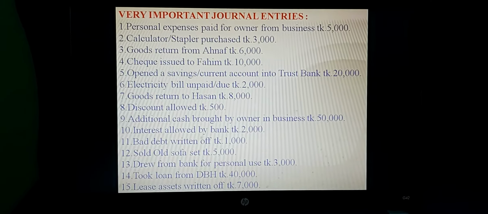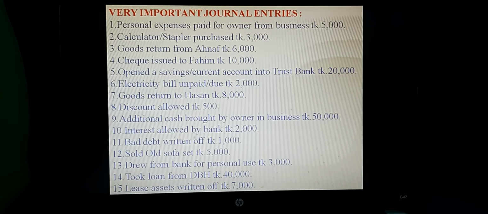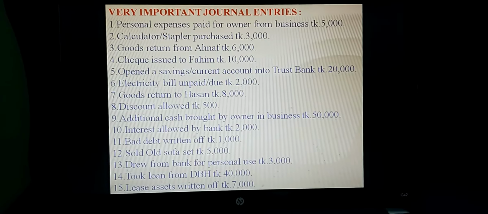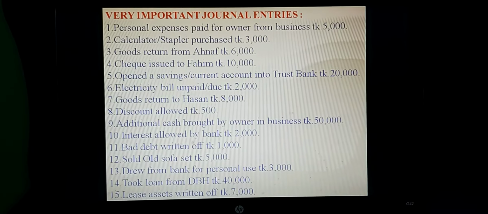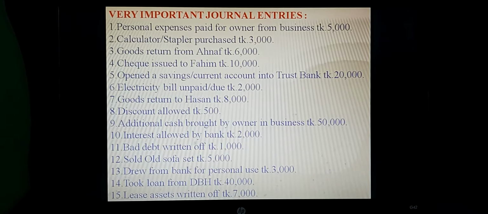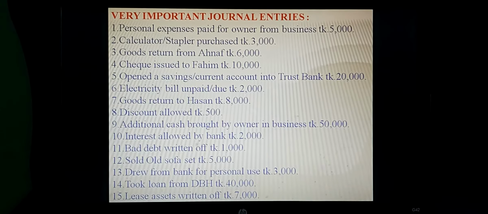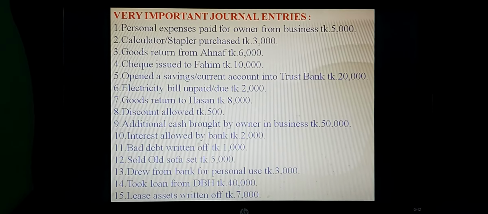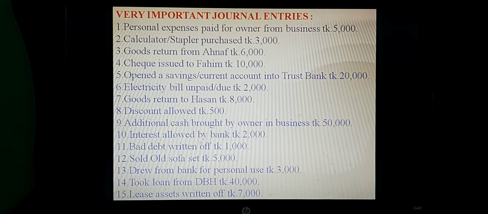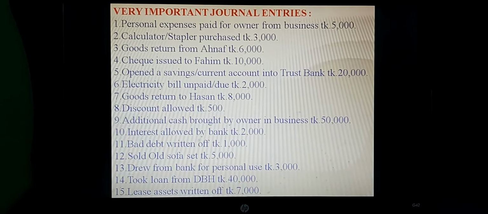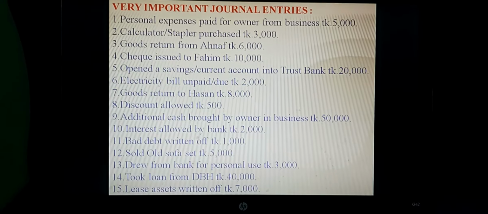Number 1, personal expenses paid for owner from business. From the previous lessons, you have understood that when any amount is taken or withdrawn or drawn by owner from the business, or any amount of personal expenses is paid from business for owner, then it is indicated as drawings.